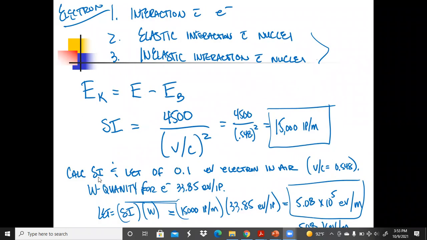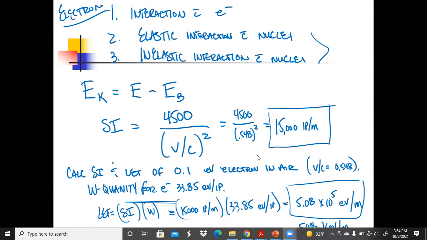So if we calculate the SI and the linear energy transfer of a 0.1 eV electron in air, again, roughly moving at that particular speed, or a fraction of the speed of light, we know that the quantity of energy produced for ion pairs is going to be 33.85 eV per ion pair.